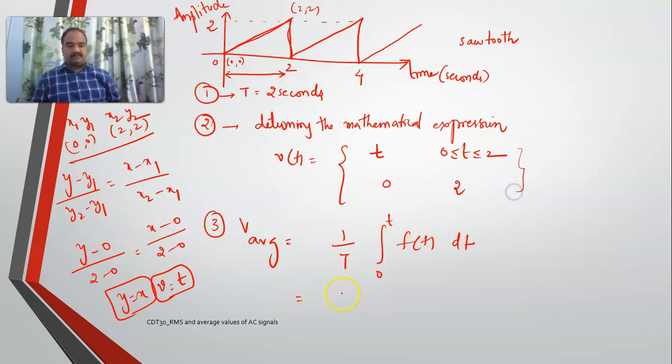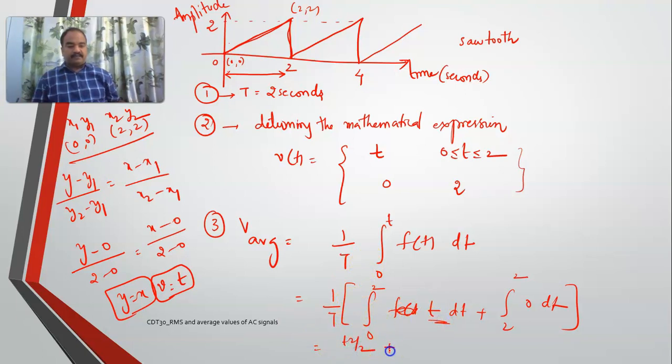So from 0 to 2, it is f of t dt, where f of t is t, and the other interval it is 0. The integral of t is t square by 2, from 0 to 2, and the 0 part gives no integral.